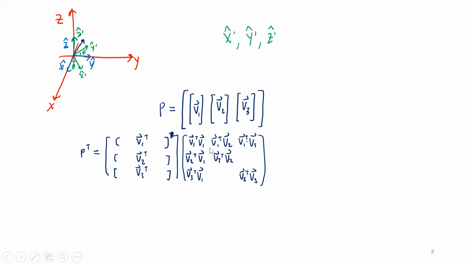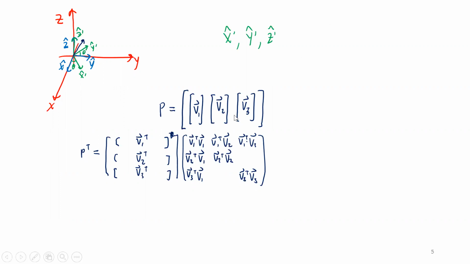So V1 dot V1, V2 dot V2, V3 dot V3. If it is indeed an orthonormal set, then the dot product of each vector with itself has to be 1, because I told you that the length has to be 1.